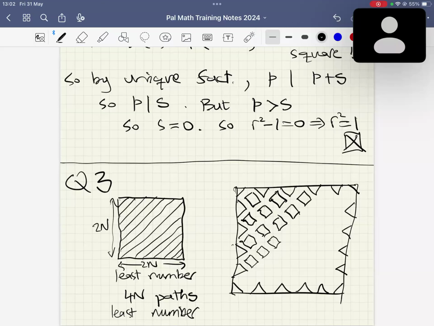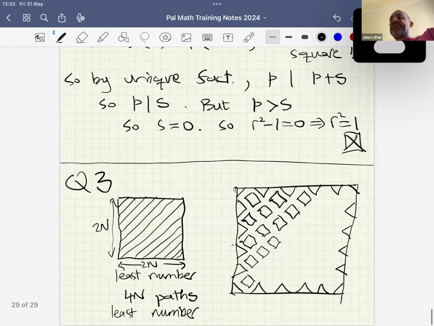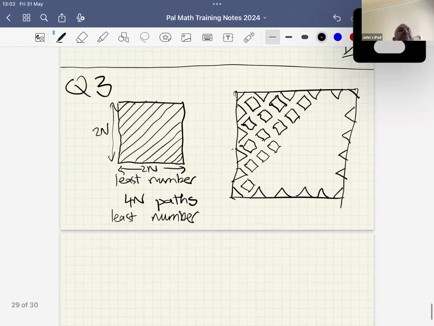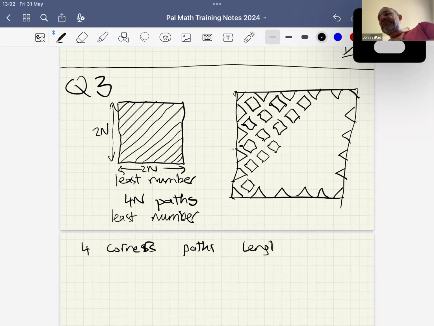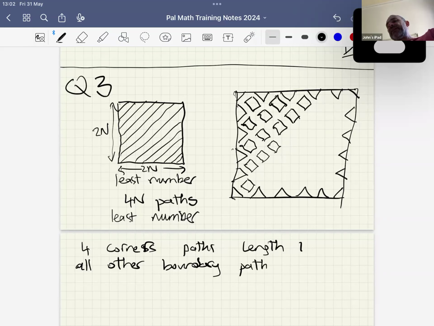That's right. Okay, so you basically have two types of paths. You've got 4 corners, and the path is length 1. And then you've got all other boundary paths, which have length 2.